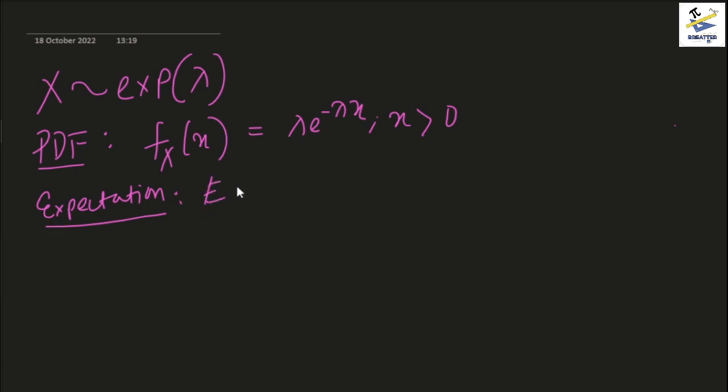We found that the average was simply one by lambda. So it's just the reciprocal of the parameter.